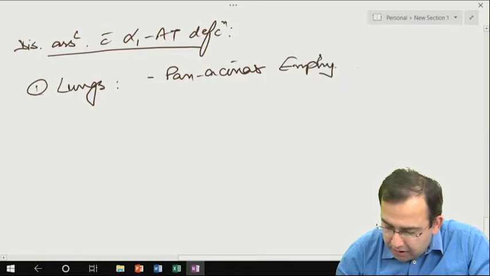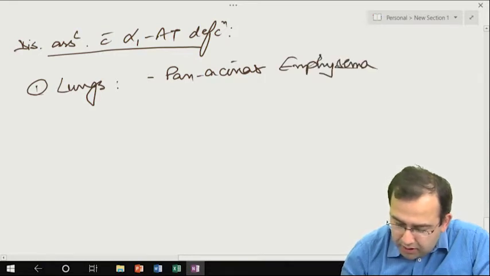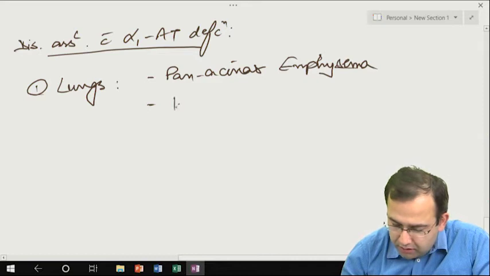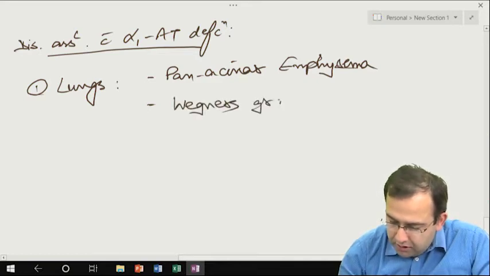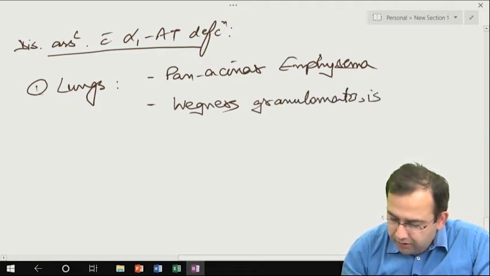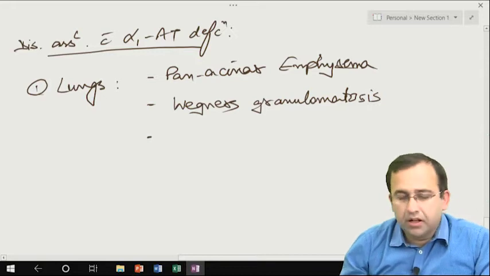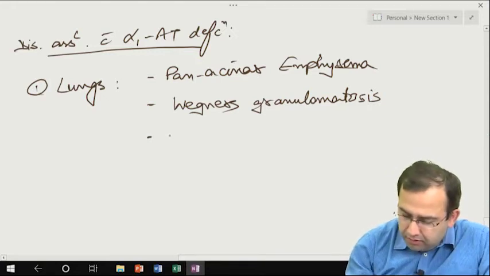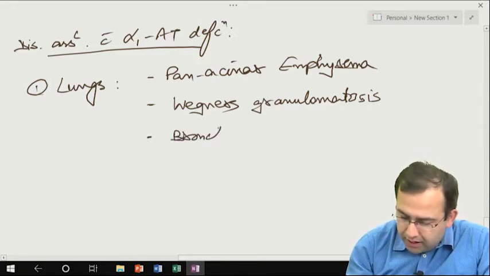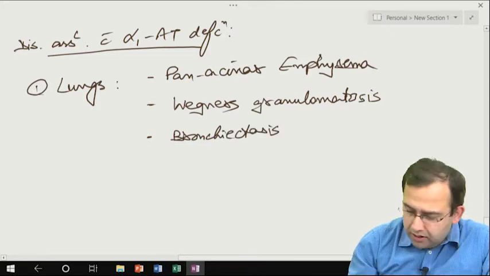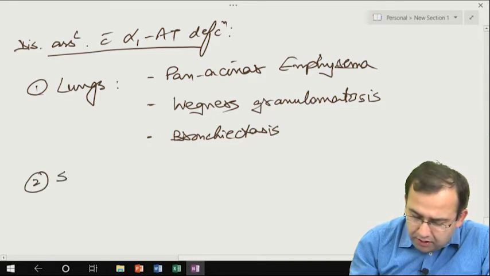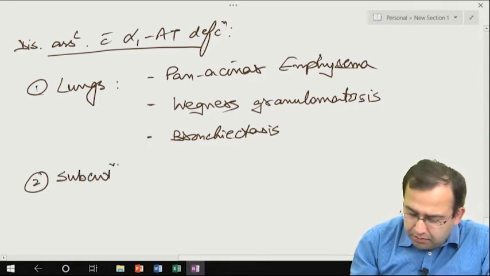Next, it is also associated with vasculitis, granulomatosis, and bronchiectasis.